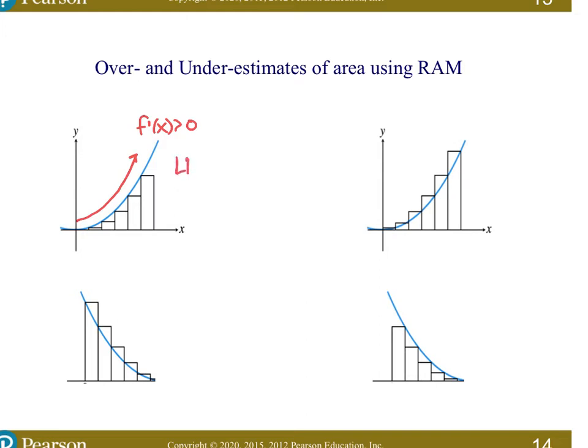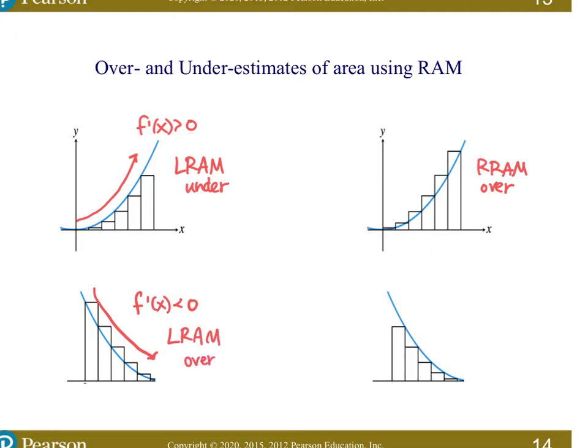So LRAM under, RRAM over. But then vice versa, when you have a decreasing function, so when f prime of x is less than 0, then the LRAM is an overestimate with too much area, and the RRAM is an underestimate with too little area.